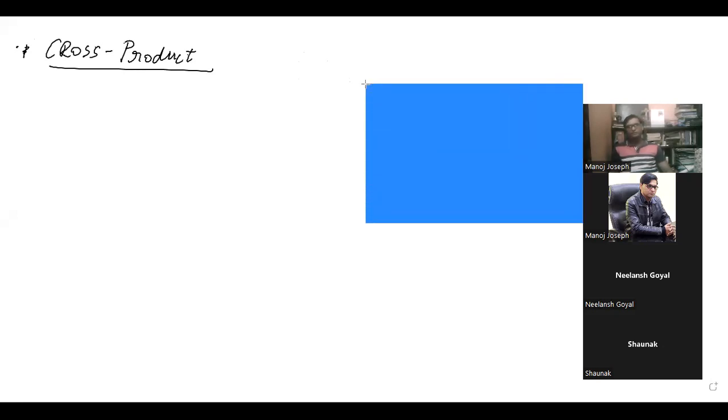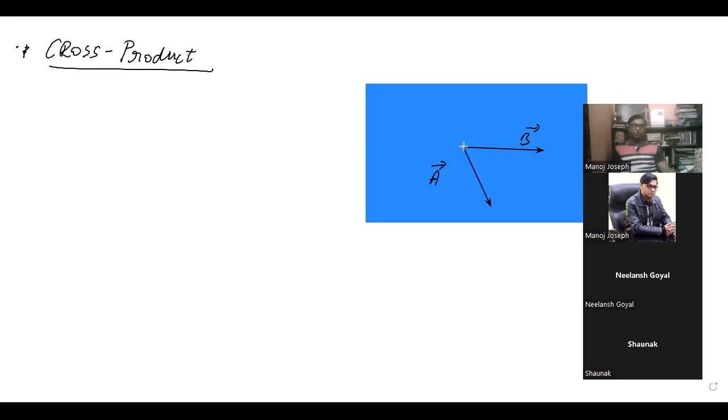Let's say we have this plane and two vectors are on the plane, vector B and vector A. So both vectors are coplanar vectors.